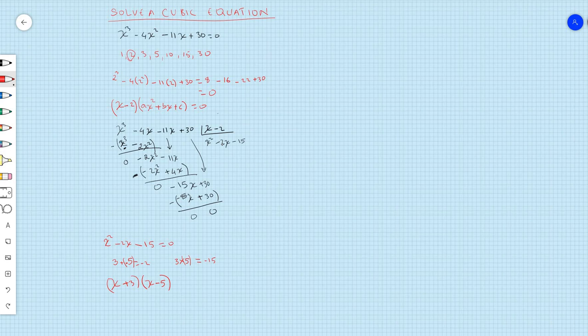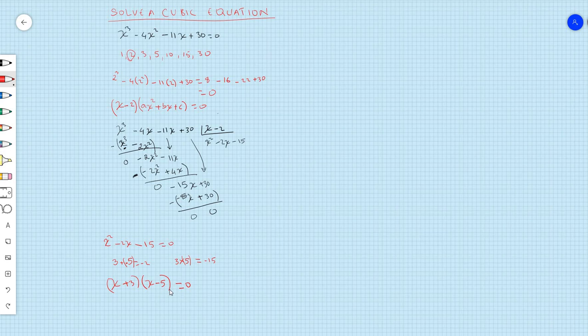So once you have this equals 0, now for this expression to be true, x plus 3 times x minus 5 equals 0, either one of these has to be 0. Either this is 0 or that is 0, right?